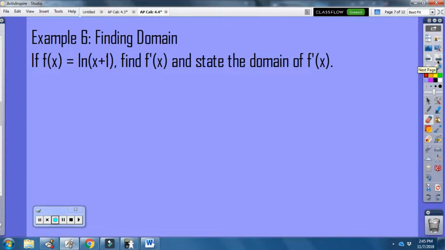This problem here, we have to consider what the domain is of f of x. We want to find the domain of f prime, where f of x is natural log of x plus 1. So the way I'm going to do that is first by taking the derivative of natural log of x plus 1.